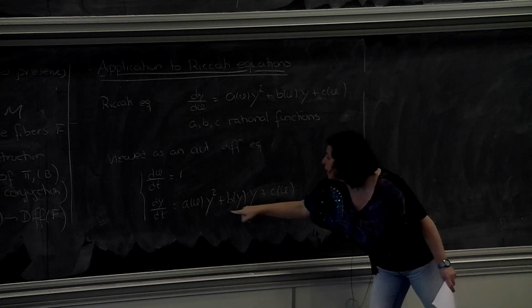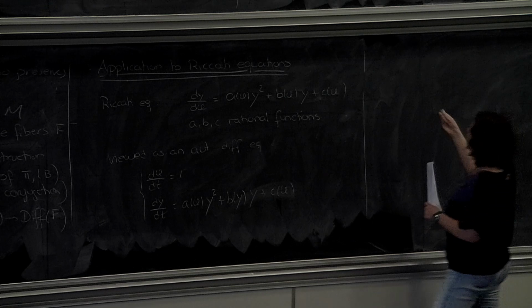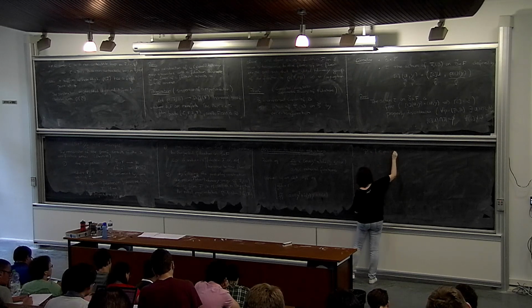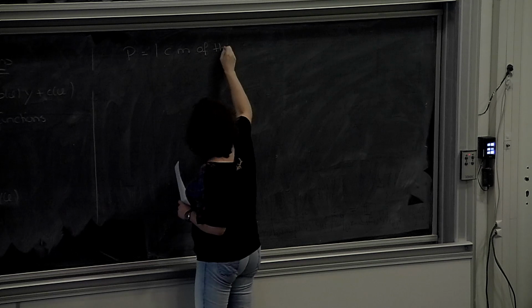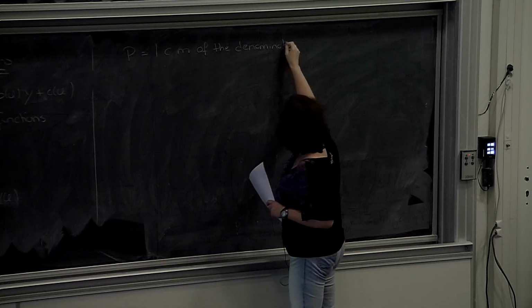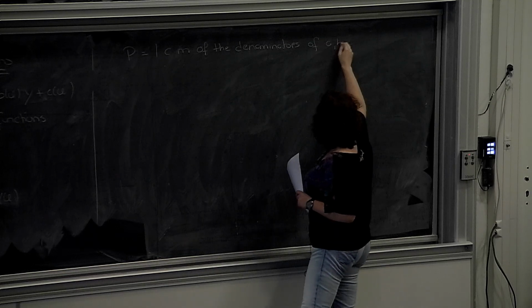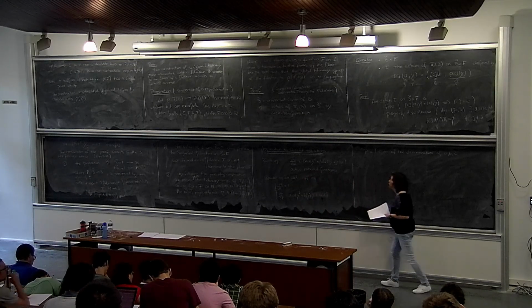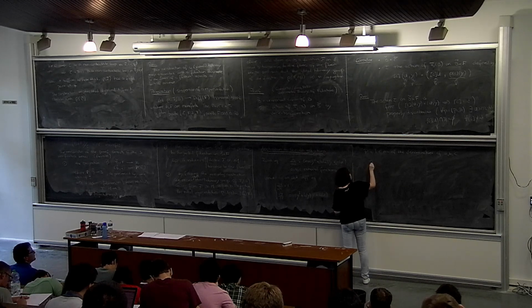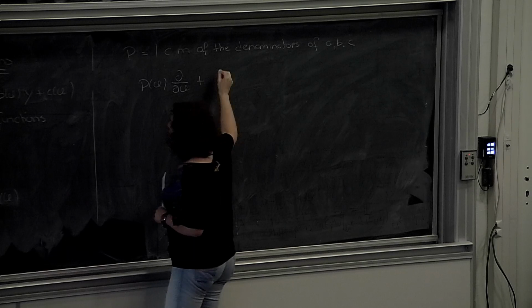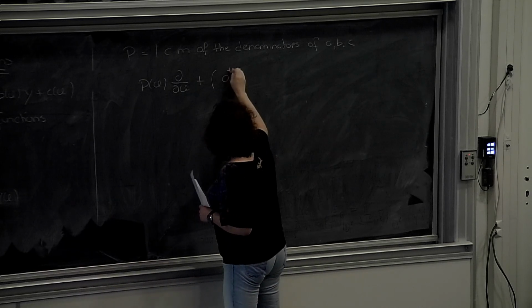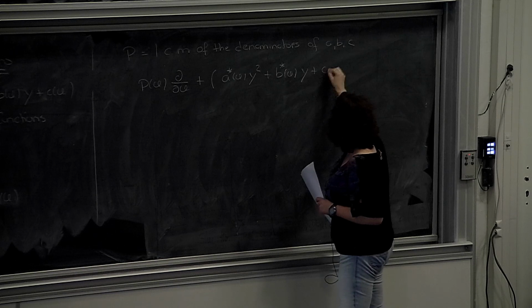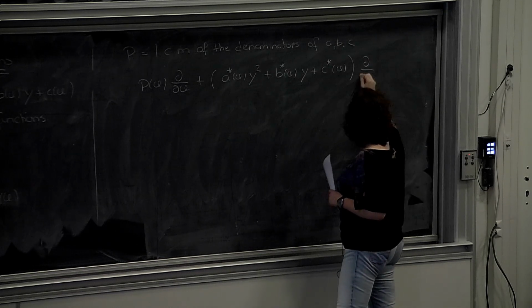Okay, but since a, b and c are rational functions, we will denote by P the least common multiple of the denominators of a, b, and c, and multiplying by P, I have the following vector field: P(x) d/dx plus, now I get A star of x y squared plus B star of x y plus C star of x d/dy.